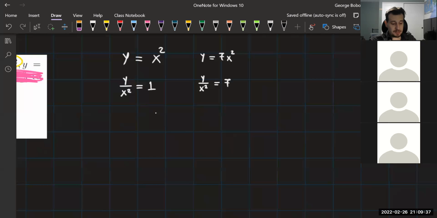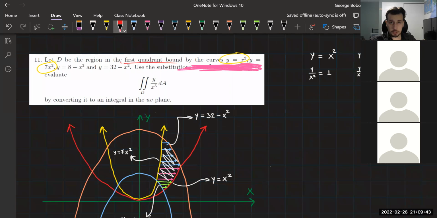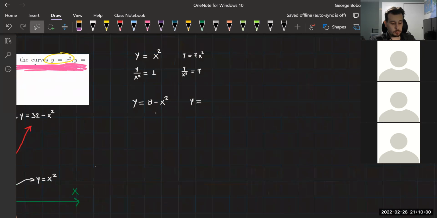Okay? So similarly for the other guy that is involved, I've hidden the substitutions. Look at the other guy one sec. We have y equals 8 minus x squared. Olivia, I want Olivia here. y is equal to 8 minus x squared. And then the other guy here is y equals a very similar form, 32 minus x squared.